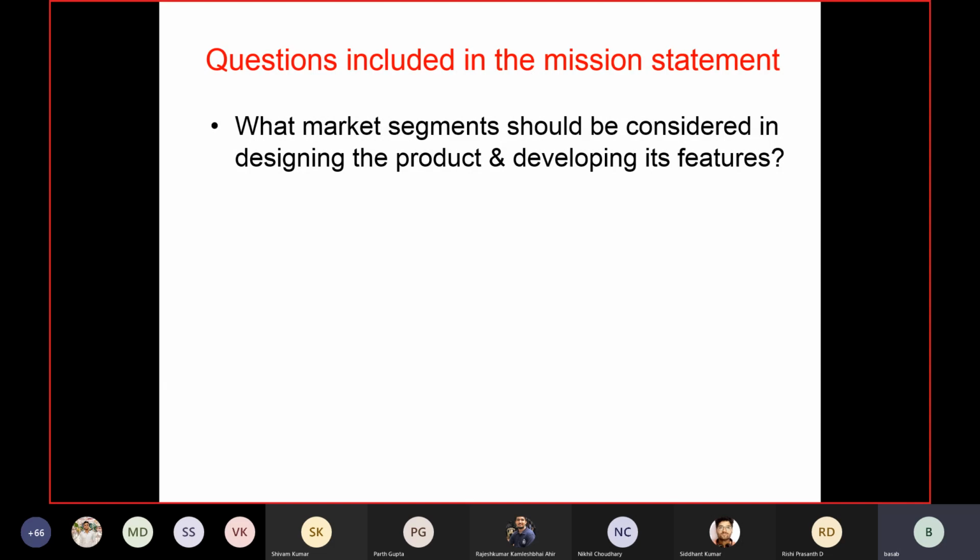And what are the answers given in the mission statement? Number one: what market segments should be considered in designing the product and developing its features? Very important, market segments. First itself you see business, nothing about the product. Which are the market segments you will be catering to with this particular new product.